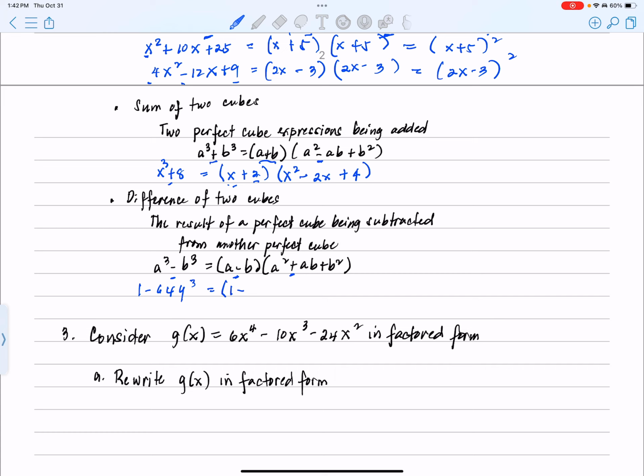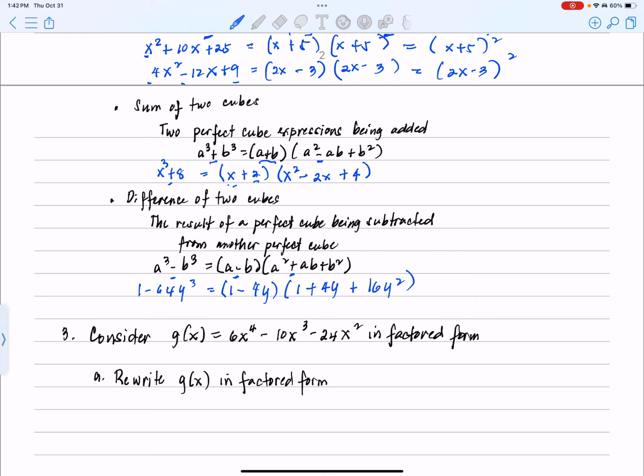So that is 4y, and the factor out is 1 cubed, 1 squared, 4 times 4y times 1, that is 4y, and we have 4y squared, that is 16y squared. And this is how the difference of two cubes looks like.